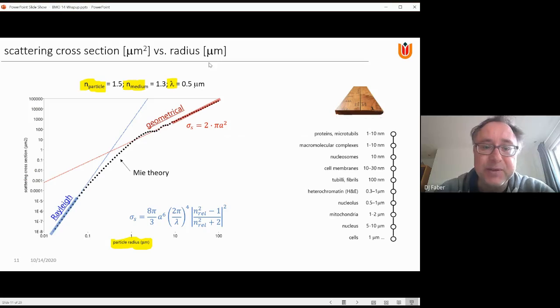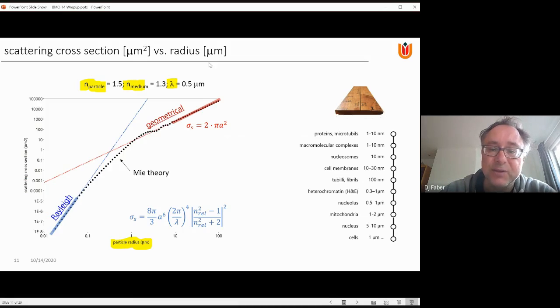To make that really specific, this is a graph of the scattering cross-section versus particle radius on the horizontal axis. And the three different theories that I just described are given in this graph. So in blue is Rayleigh scattering, which is valid only for the smaller particles. In red is the geometrical scattering, which is valid only for large particles.